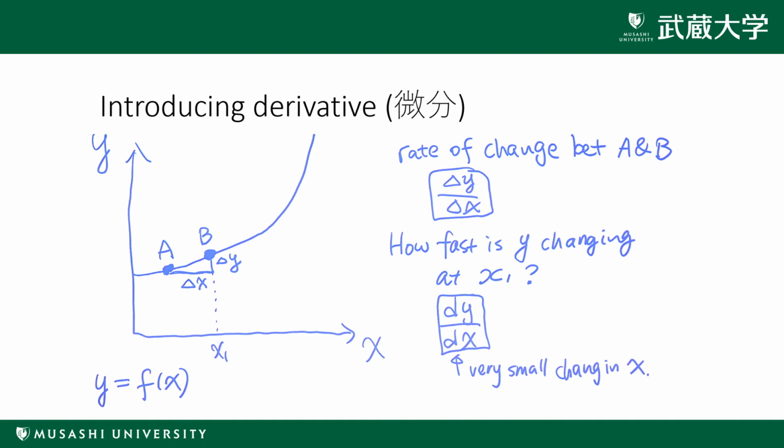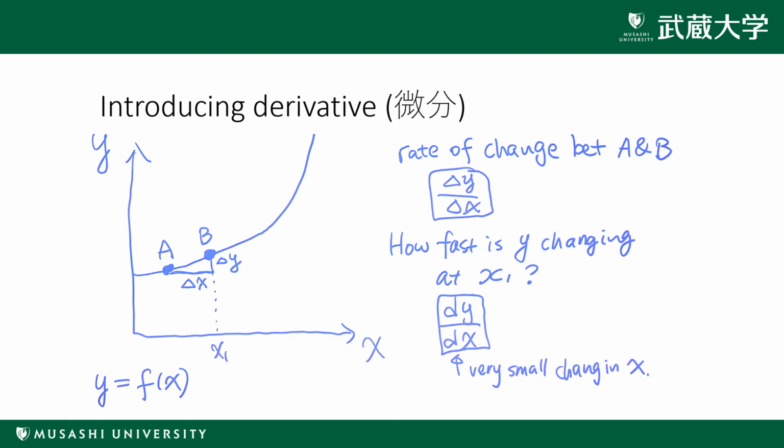That is the concept of derivative, and we use dy over dx for that. How fast is y changing at x1? This d stands for a very small change in x.